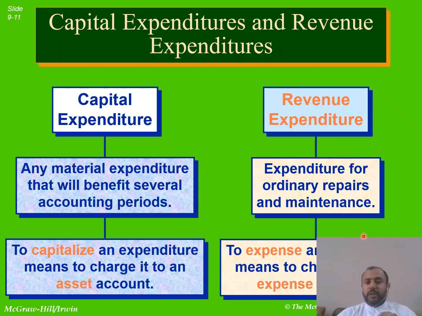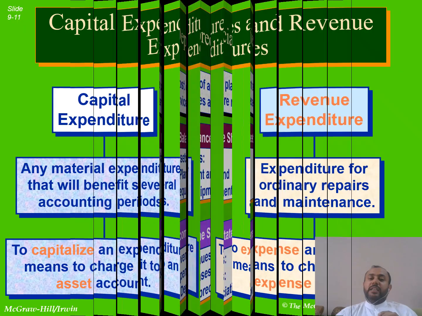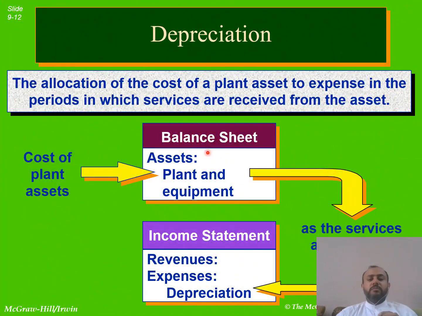The main topic we have covered today is plant and intangible assets: the division of assets, that is tangible assets, intangible assets and natural resources, and then we discussed how to acquire the asset, the acquisition activity, allocation of cost, and third, sale and disposal of the asset. Depreciation we will cover in the next lecture. So today's lecture is about plant and intangible assets. Thank you.